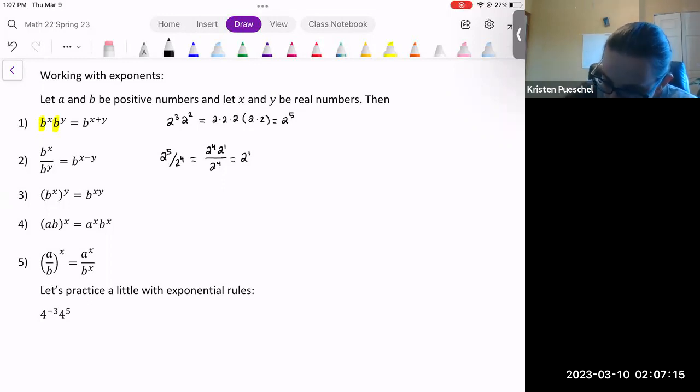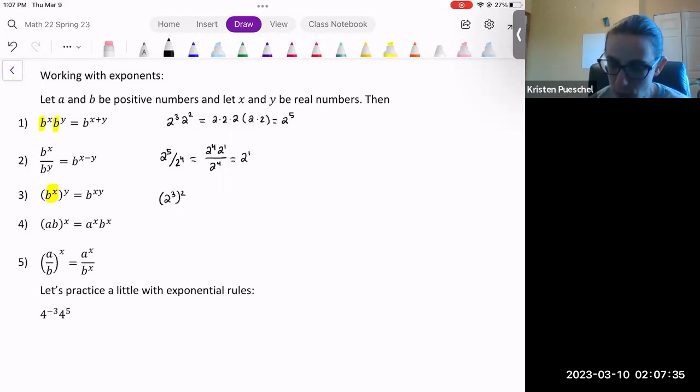Notice the difference here is that this whole expression b to the x, we're taking y copies of b to the x. And so for each copy, we have x copies of b. So let's take a look at an example to see this.